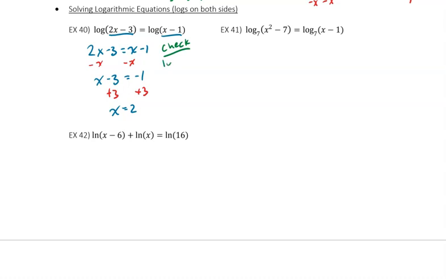But in this case, we'd have 2 times 2 minus 3. 2 times 2 is 4, minus 3 is 1. That's positive, so that's good. If we check it in the other log, that'd be 2 minus 1, which is 1, that's positive, so this is good. Our answer is x equals 2.